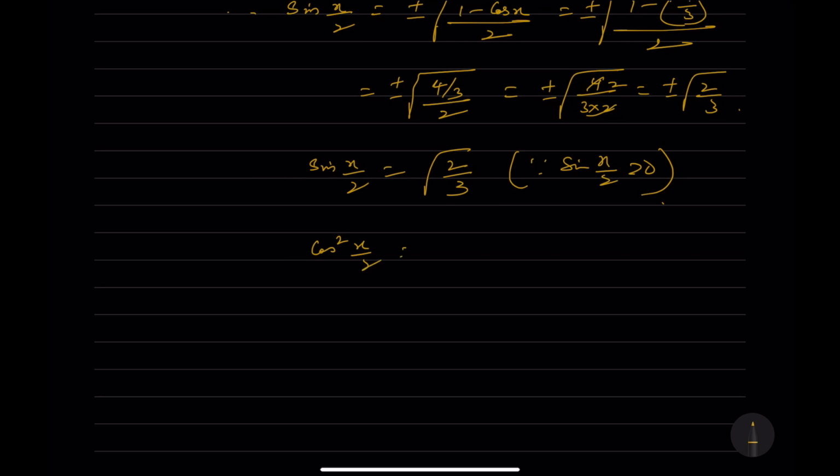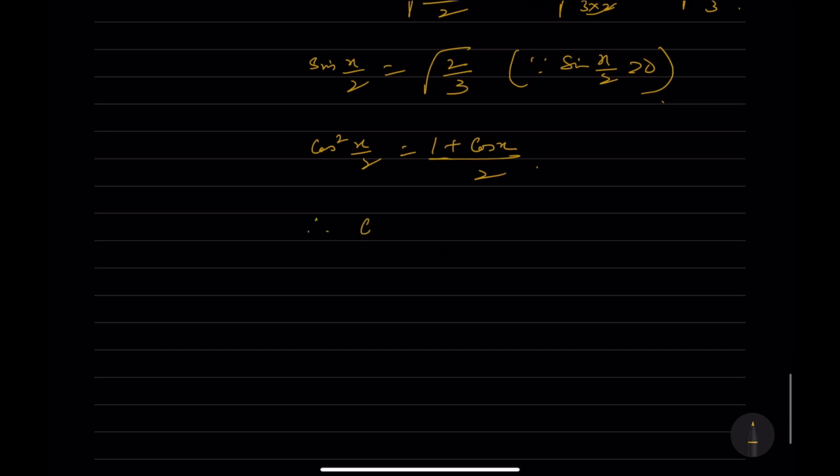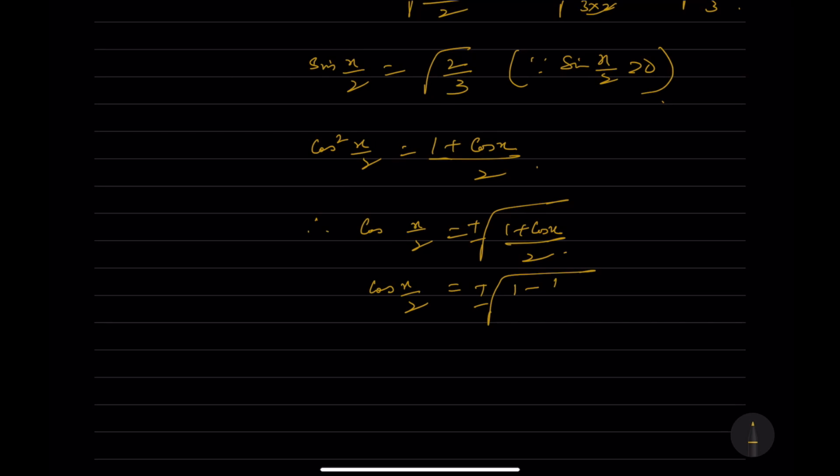Next we are having what is cos square x by 2 is equal to 1 plus cos x by 2. So therefore cos x by 2 is equal to plus or minus root of 1 plus cos x by 2. So therefore here you are getting cos x by 2 is equal to plus or minus root of 1 minus 1 by 3 by 2.